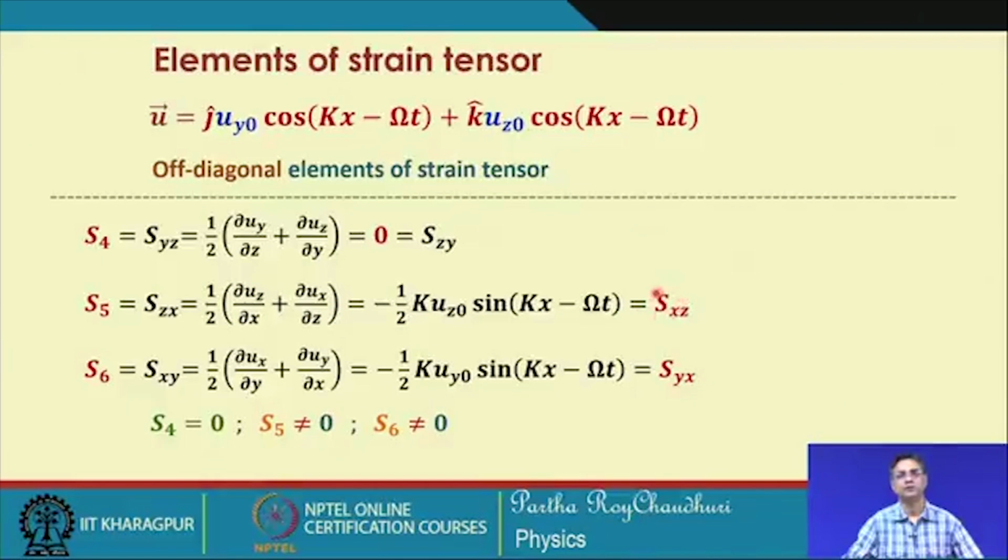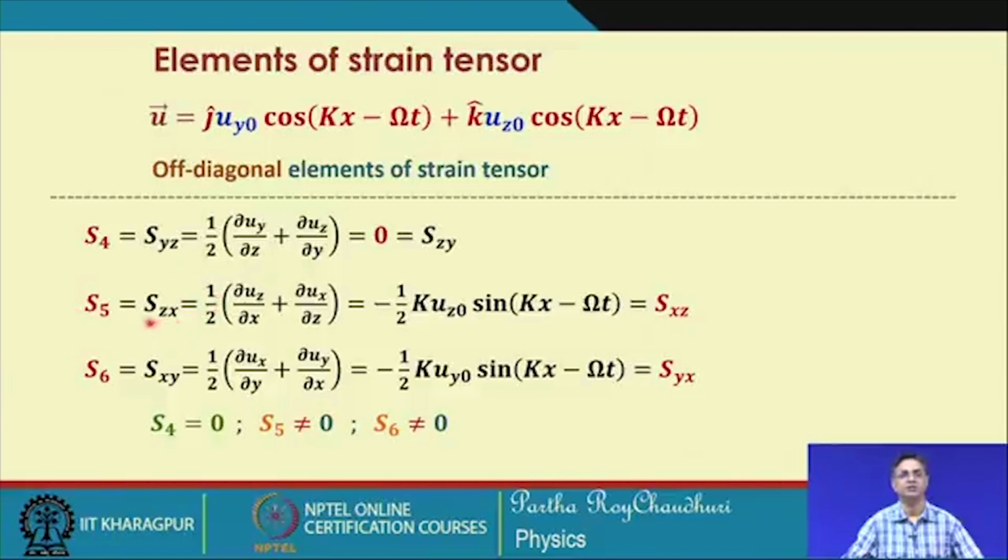So, you have S x z is equal to S z x, that has a finite value, and similarly for S 6, which is represented by S y x, is given in a similar way. Therefore, we see that S 4 is 0, but S 5 and S 6 are non-zero.